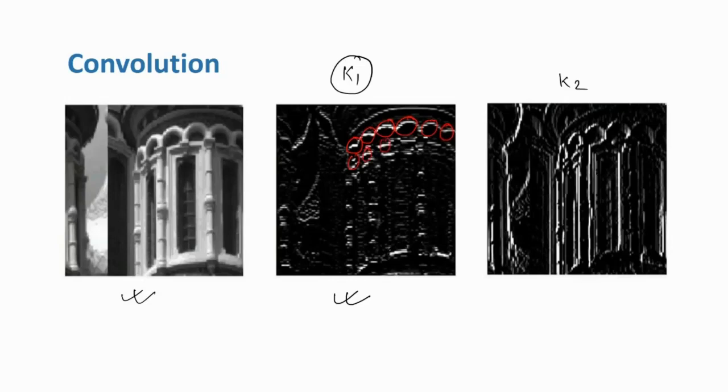All the horizontal-level information is extracted by doing this convolution operation with some kernels, some filters. Similarly, when I apply another kernel K2, it will give you all the vertical edges. Can you see here? And if we combine all those, you will get the final picture.